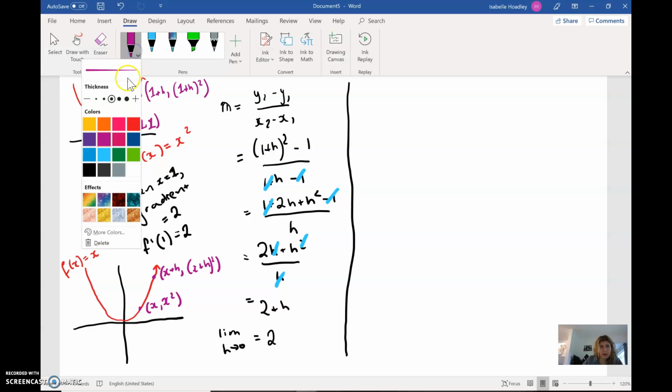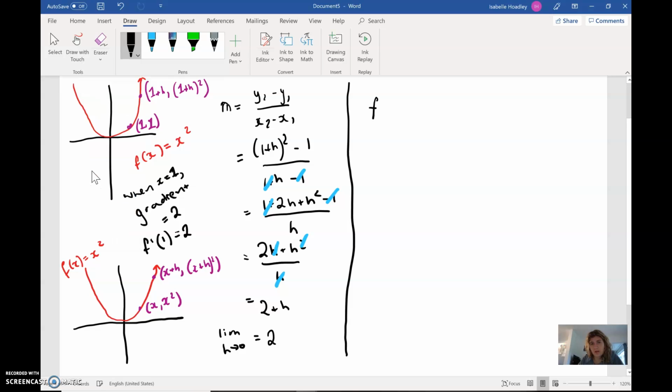Right, now this is where we're going to end up having a little bit more notation come in. This is going to give us our derivative formula, our first derivative of our function. So if we take our first derivative, which is f dash of x, that's our notation for our first derivative, and we look at the limit as h approaches 0 of f of x plus h minus f of x on, now in general it's just over h, but remember we have to have our x2 minus x1.